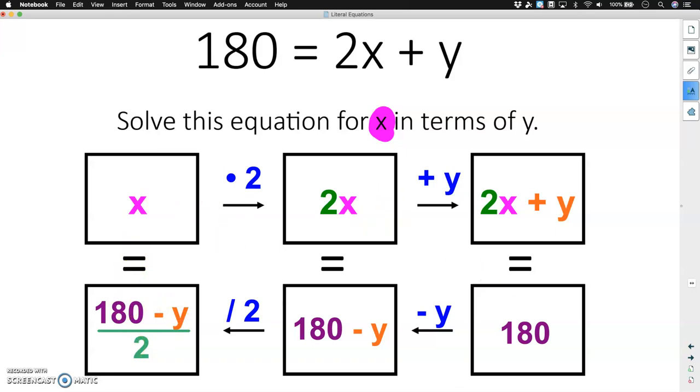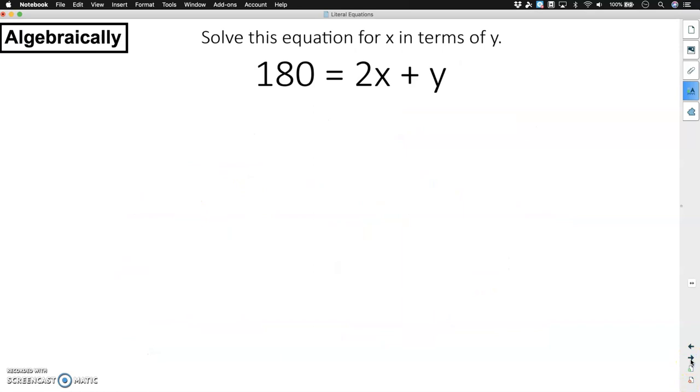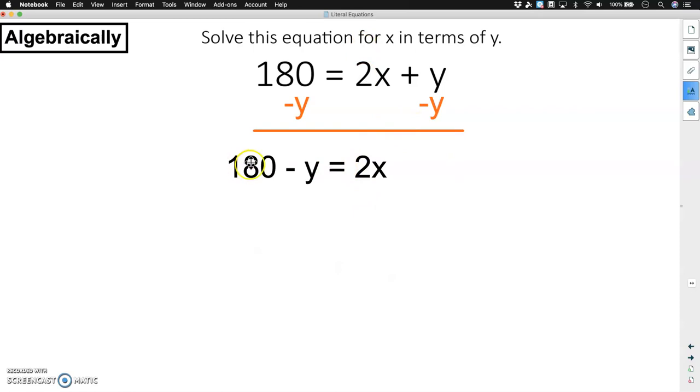So now let's take a look at doing this purely algebraically. Remember, we're going in reverse order of operations. So order of operations is GEMDAS. So we're going to start at the end with addition and subtraction. So we're going to undo the addition first. So we're going to subtract y from both sides, and we end up with 2x is equal to 180 minus y.